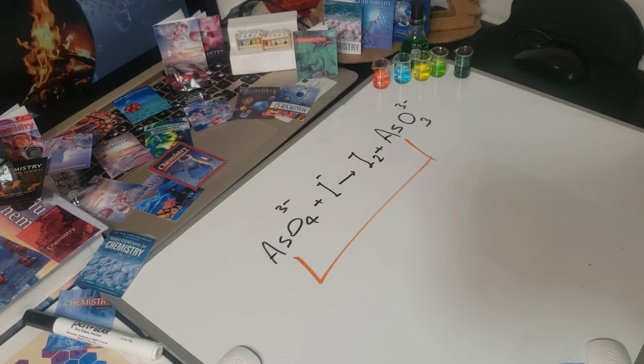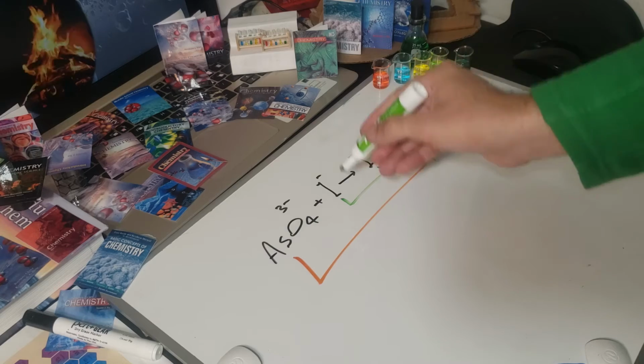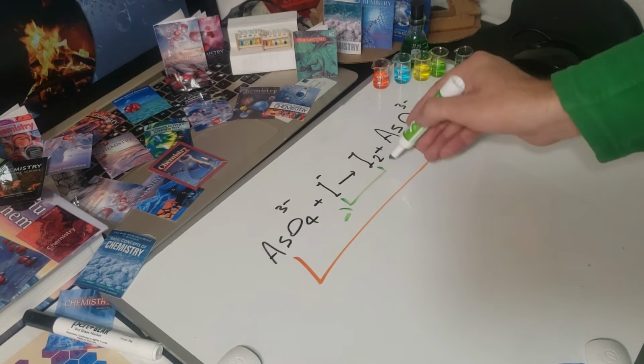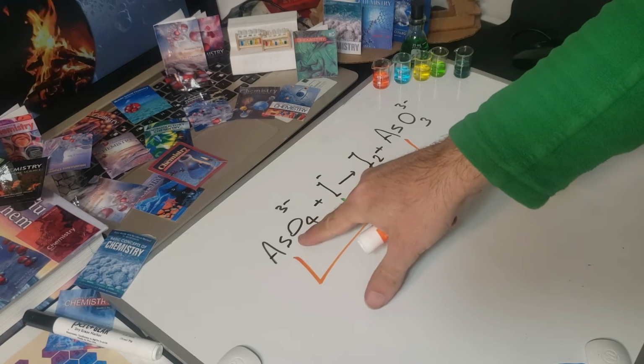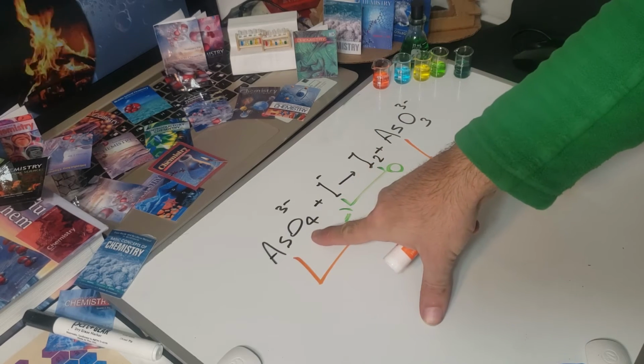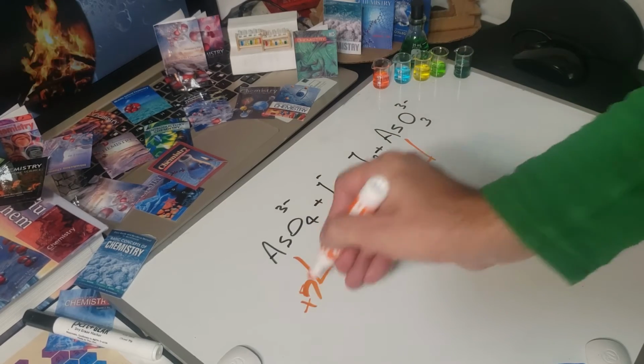Arsenic, iodine, I minus is -1, I2 elemental form is just 0. Arsenic is -8 because of the 4 oxygens. Arsenic -8 is -3, so arsenic is +5.